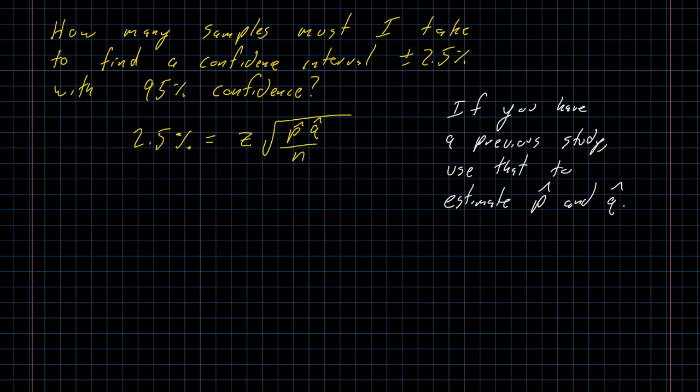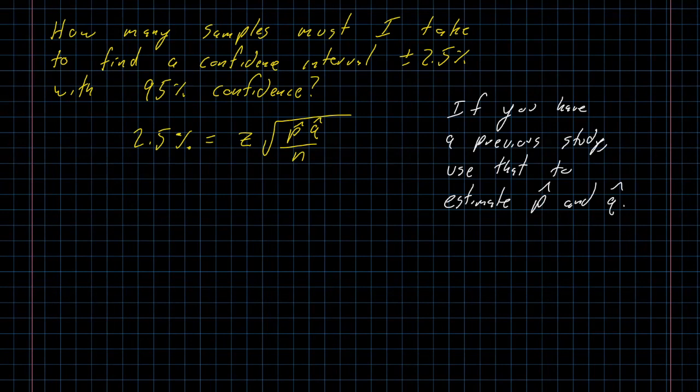If you have a previous study, like we have, you can use those values as an estimate for p hat and q hat and assume that they're not going to change all that much, even though they probably will change at least a little.